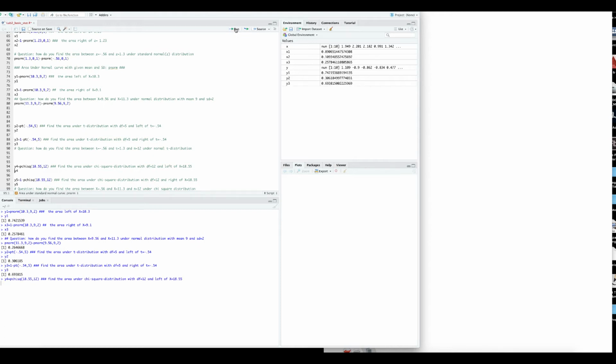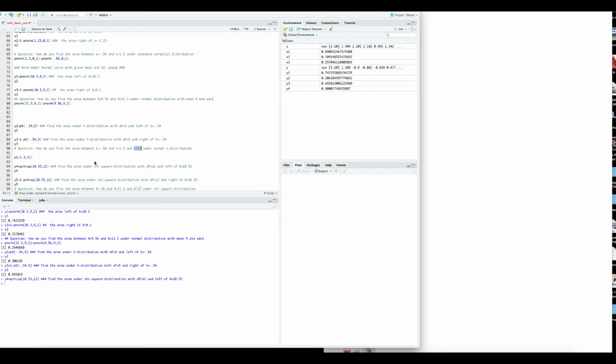Okay. Now the question is, how do you find out the area between negative 0.56 and 1.3? So it is the easy thing, right? You just do pt of 1.3, and then comma, what is the degrees of freedom? It is 11, because n is 12, right?